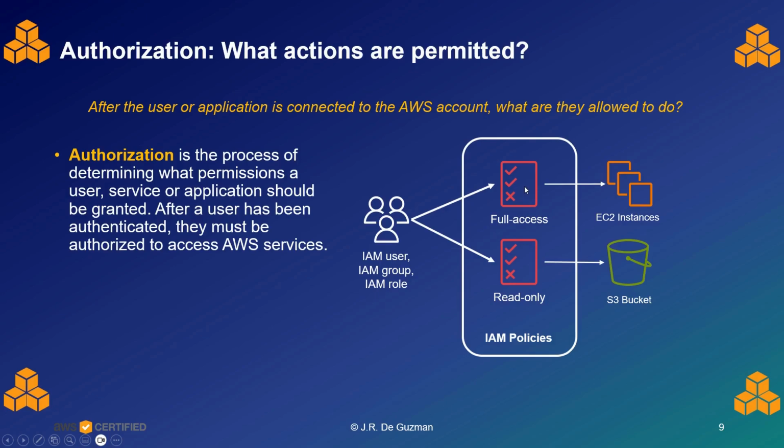For example, a user has full access to the EC2 instances, meaning they can create, delete, or read the EC2 instances. Next, a group of users can have read-only permissions, meaning they can only read the S3 bucket. They cannot modify the S3 bucket. So it's only read-only access.